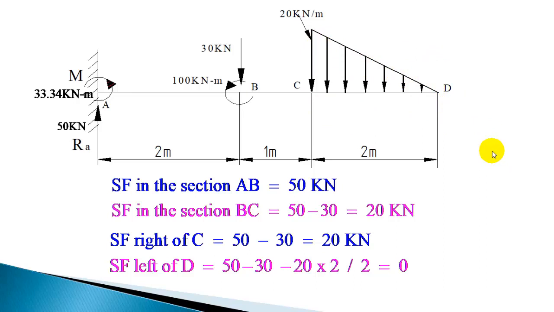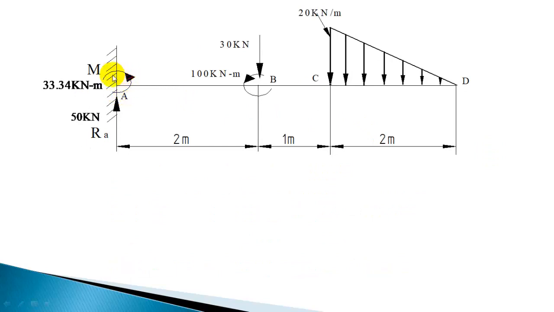Now let us calculate the bending moment at various points. Since the couple is acting at the fixed end, you have to take left side and right side. So extreme end, that is left of A, bending moment is 0 without considering the couple. So there is no force here. So left of A is 0.